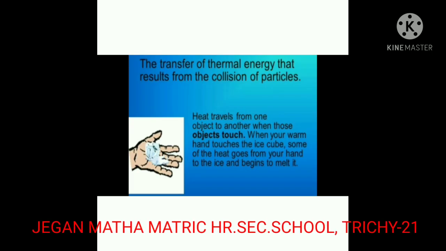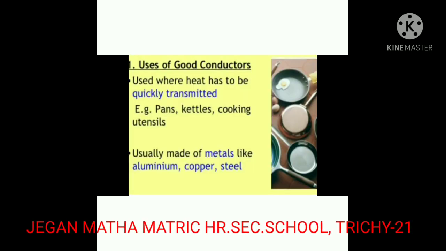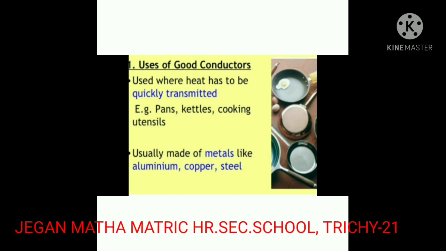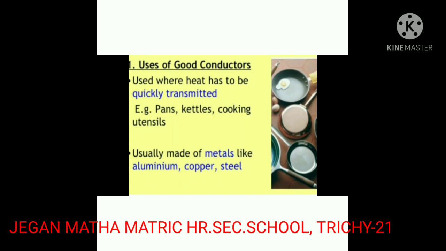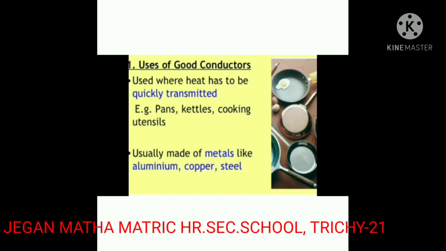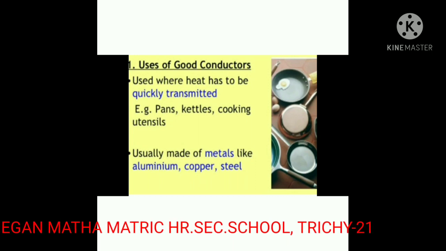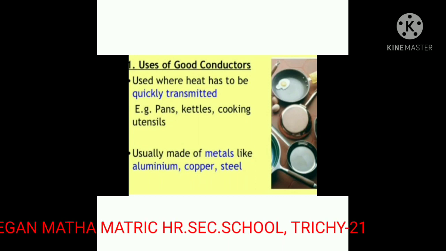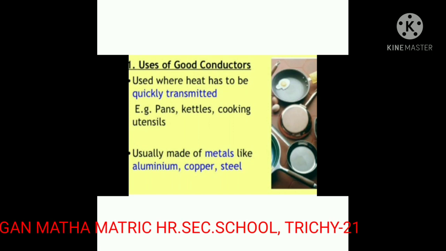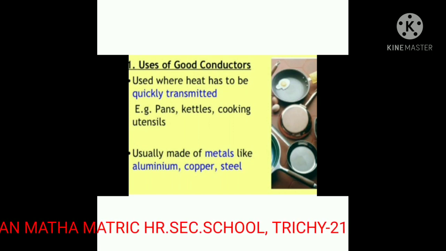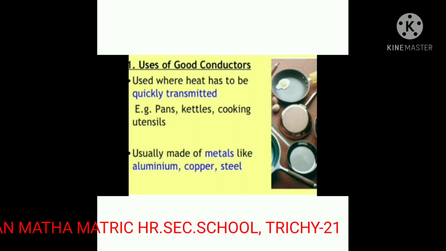Next, uses of conduction. It is used where heat has to be quickly transmitted. For example, pans, kettles and cooking utensils are usually made of metals like aluminium, copper and steel.